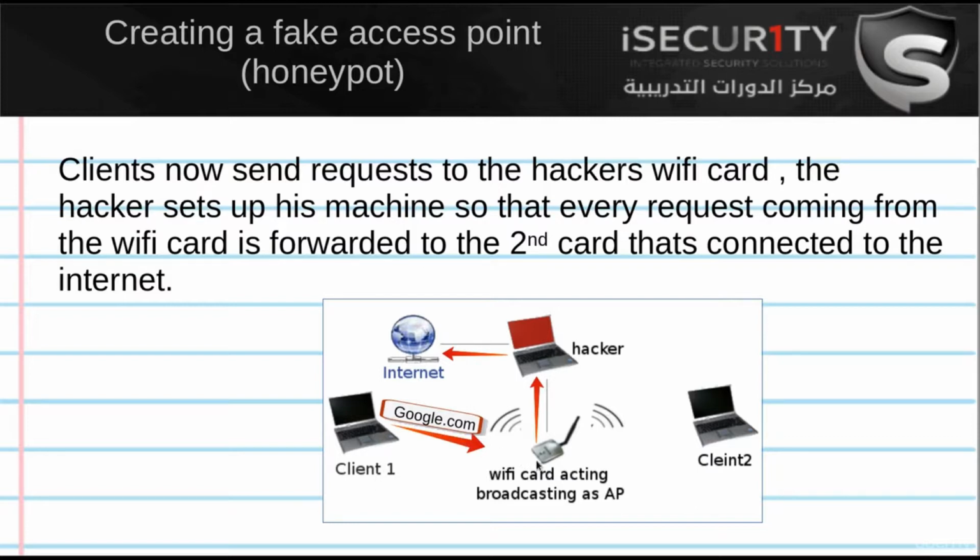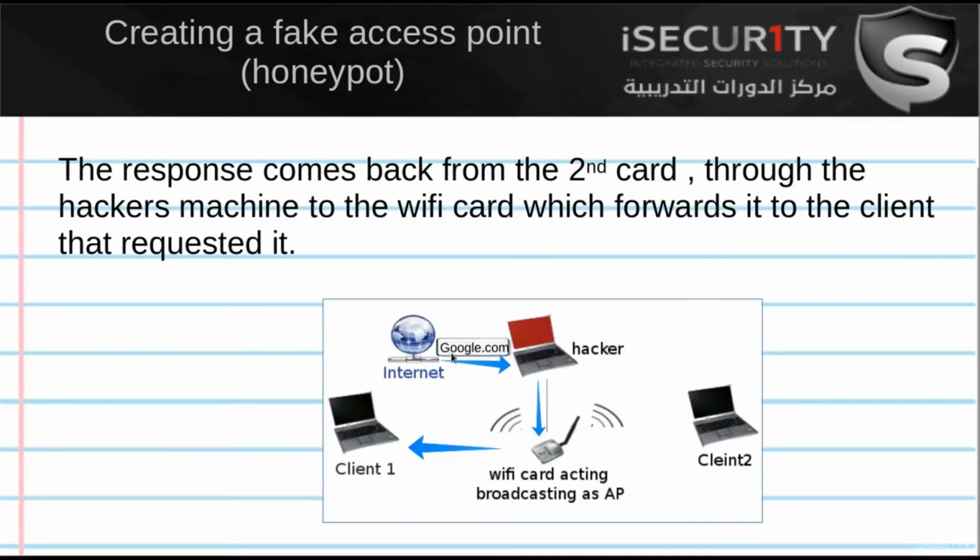So it's gonna ask our Wi-Fi card to get that, because our Wi-Fi card is pretending to be the access point. Now the Wi-Fi card doesn't have internet connection, so we're gonna have to set it up in a way that once it gets a request, it goes and talks to the second card that is connected to the internet. Now the second card is gonna go bring the response, forward it back through our device to the Wi-Fi card and back to client number 1.